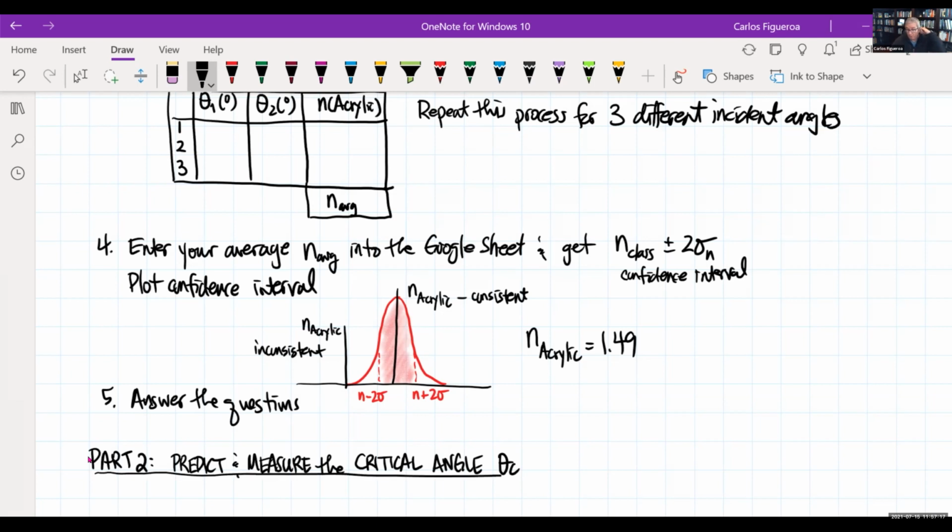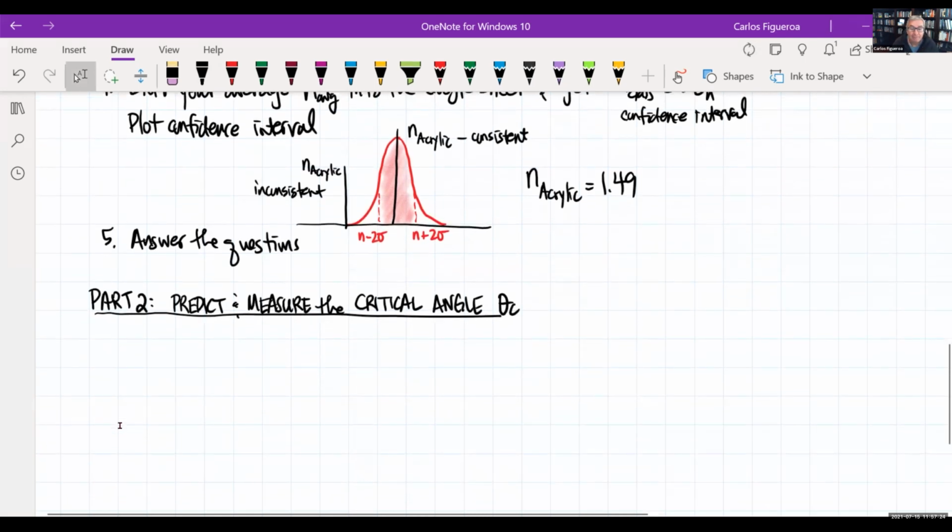Right? We're going to go do that. And what you're going to see here is that there's 2 methods. Okay? We're going to use 2 methods. So this is method 1.